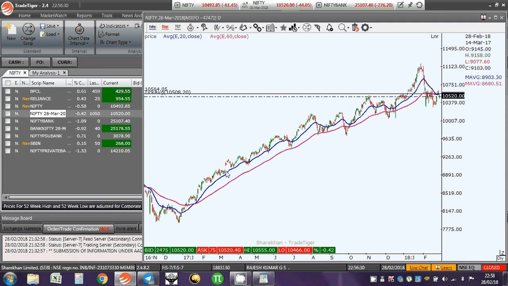If it is January end, you can buy February month expiry, and now if February month expiry has finished, you would have bought March, like that. So you can roll over your futures on every expiry day.